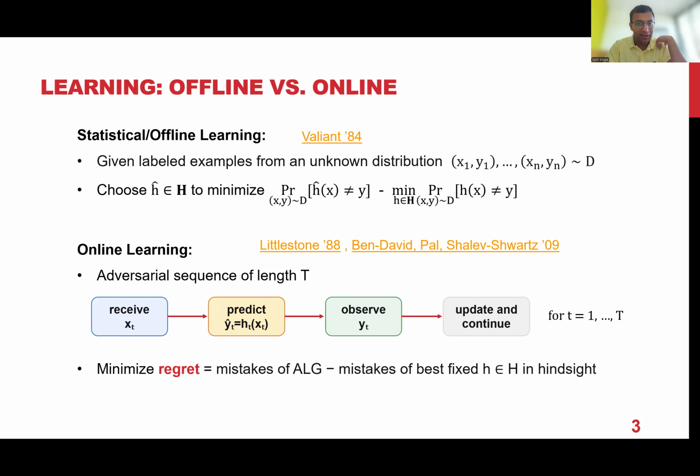Then you observe the true label yt and get some loss, whether you're correct or not. Then you repeat: I give you xt plus 1, you make another prediction, and so on. The catch is that it's an adversarial sequence of arrivals, unlike the IID arrivals above. The goal here is to minimize regret, which is the number of mistakes the algorithm makes minus the number of mistakes by the best fixed hypothesis in hindsight.